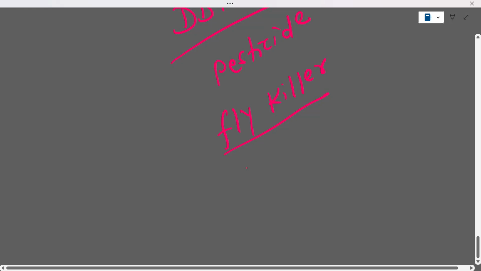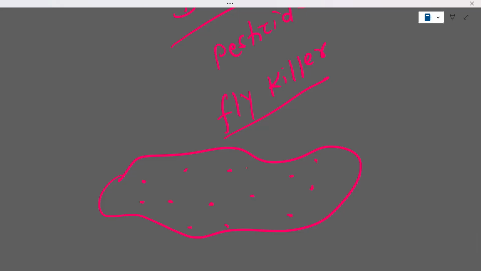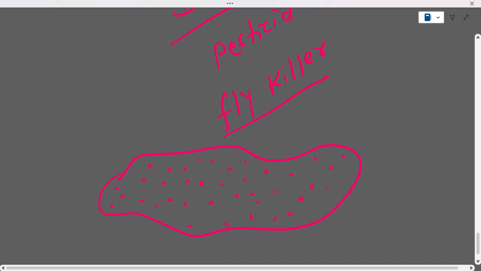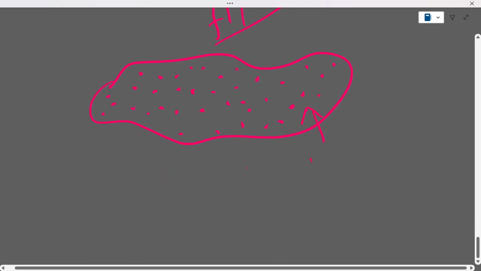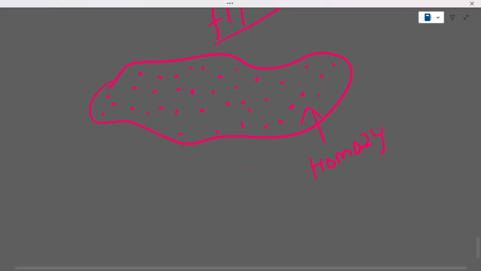So let's say there is a population of these many houseflies in a particular area, and as per the mechanism of evolution, the mechanism of life, the genetic code, these individuals are not homozygous, or they are not similar in their genetic composition.